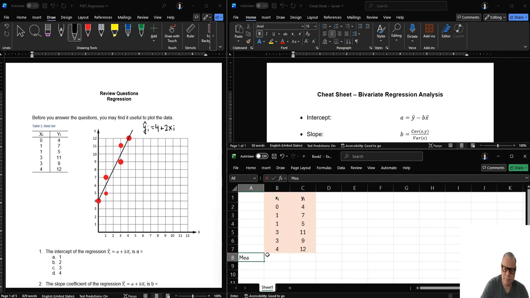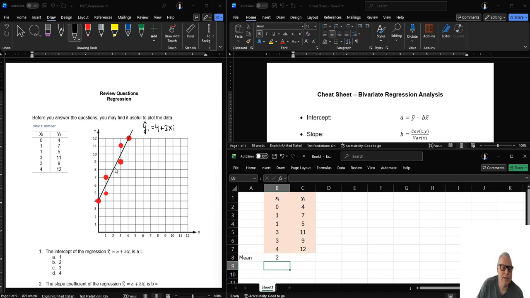Now the mean of x is equal to, probably can do that in our head, 0, 1, 2, 5, 8, 12. 12 divided by 6 should be 2, the average. It is 2. And by the way, every linear regression line goes through the mean of all the variables.